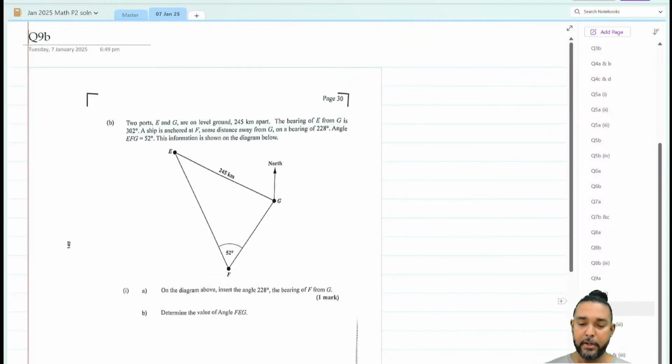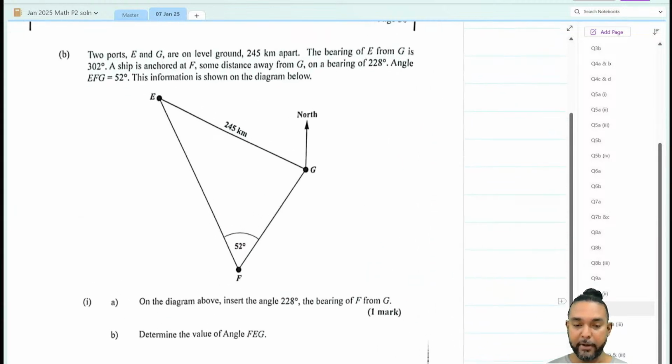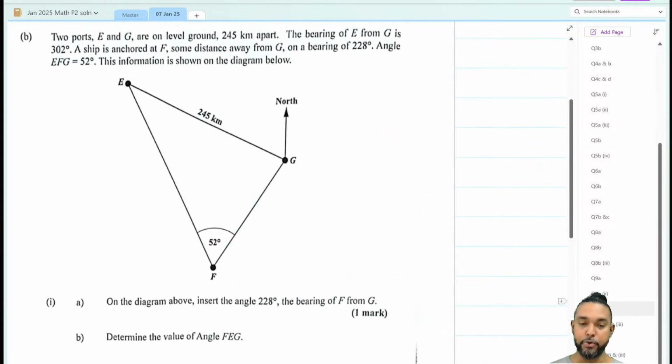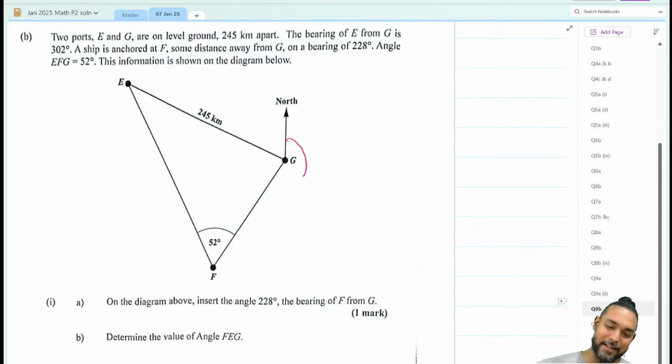Sorry about that. Trigonometry, bearings. Two ports, E and G, are on level ground, 245 kilometers apart. The bearing of E from G is 302, so this angle here is 302.